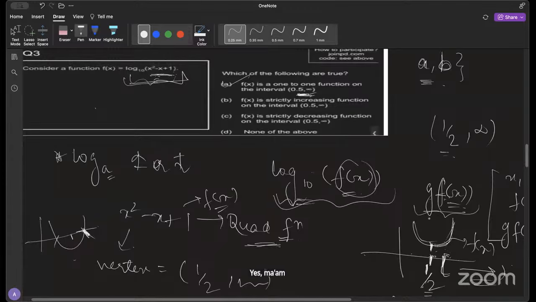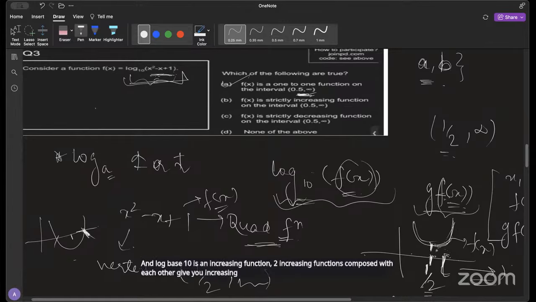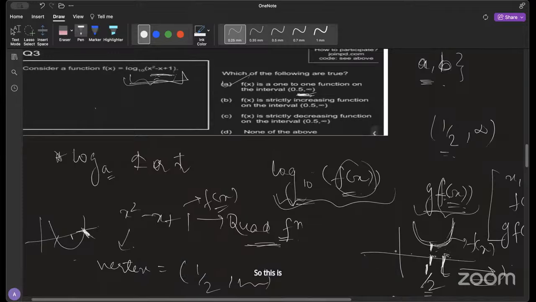Yes, ma'am. So if this thing is increasing and log base 10 is an increasing function, two increasing functions composed with each other give you an increasing function, right? In fact, both are strictly increasing functions. That means this option should be correct.